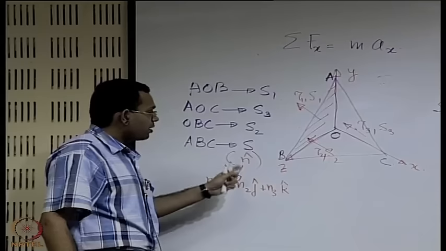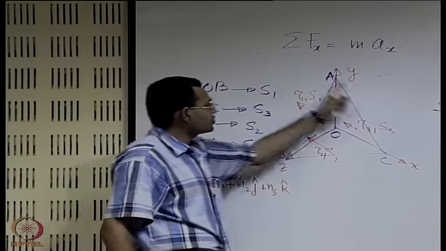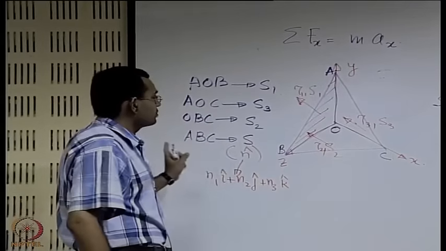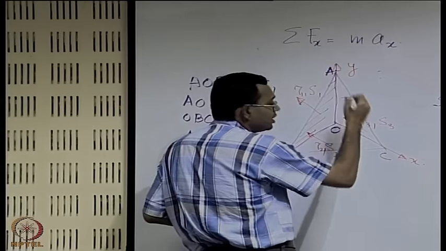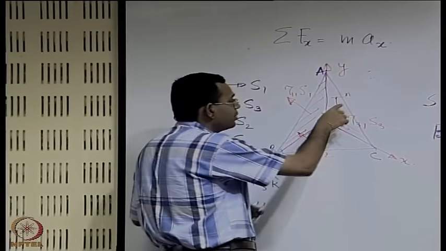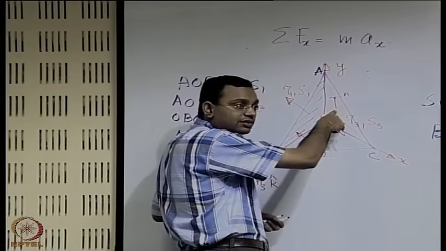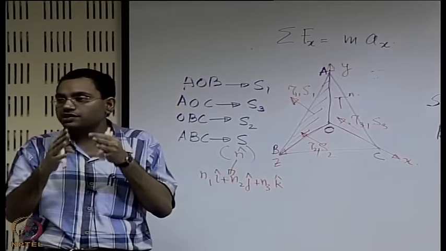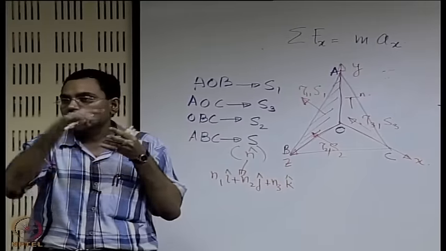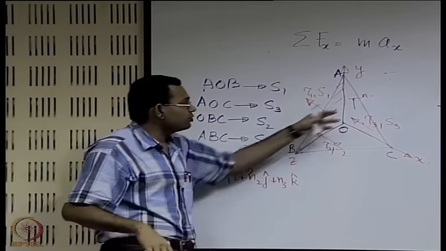We are now going to write the force on S. So the force on S, let us say that it is T with superscript n. Now we cannot use the tau notation for that, because it is not a special surface. Tau notation you can write for a special surface where the normals are along x, y or z. So we use the T notation.